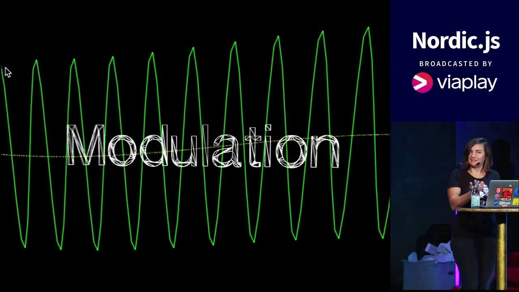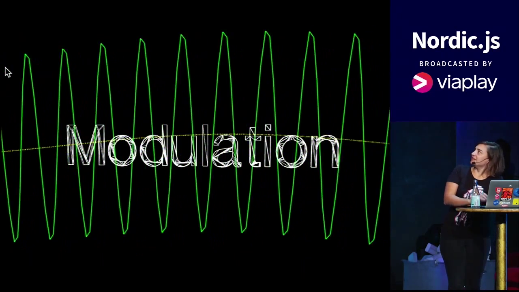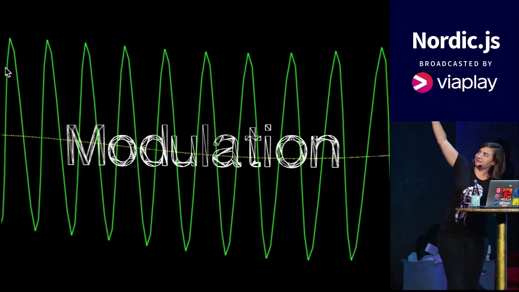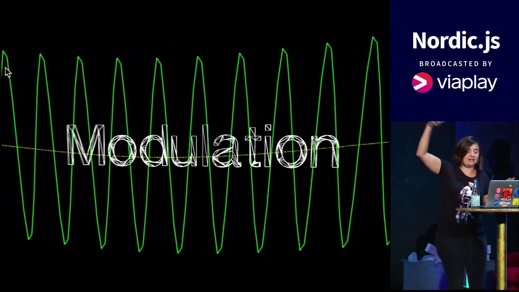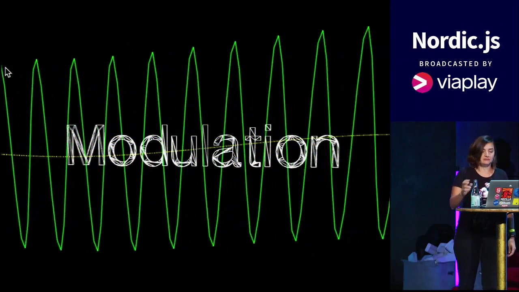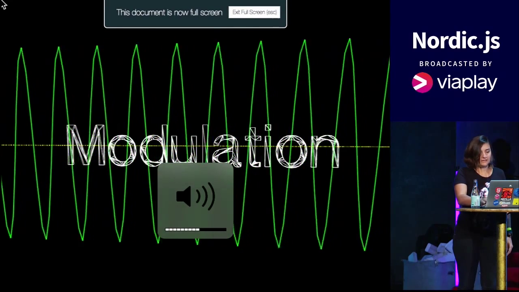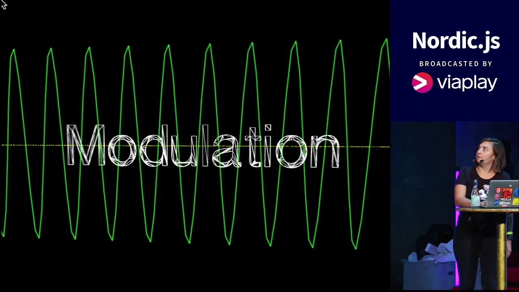So this is the kind of effects you can create. The yellow thing is the low-frequency oscillator, and the green one is the normal oscillator that we are trying to modify.